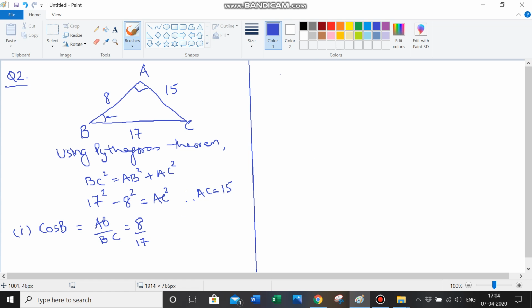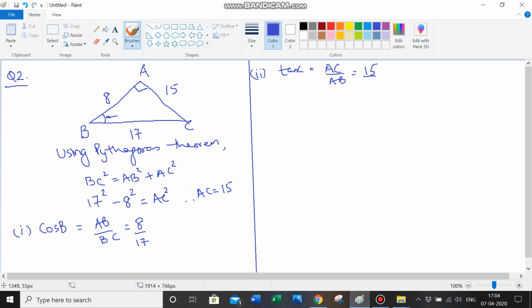Let's go to part 2. Part 2 is tan C. Tan C is SOHCAHTOA, which is opposite upon adjacent. So opposite to B is AC, upon adjacent is AB, which is 15 upon.